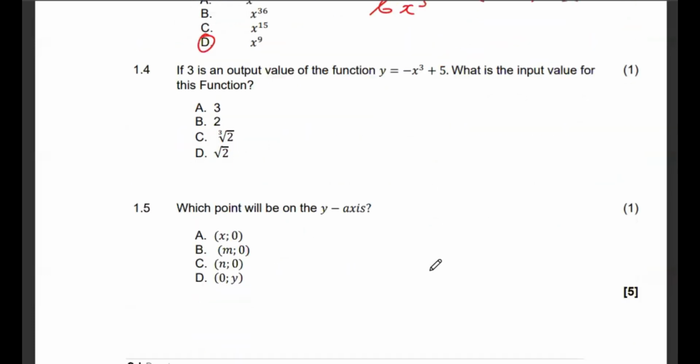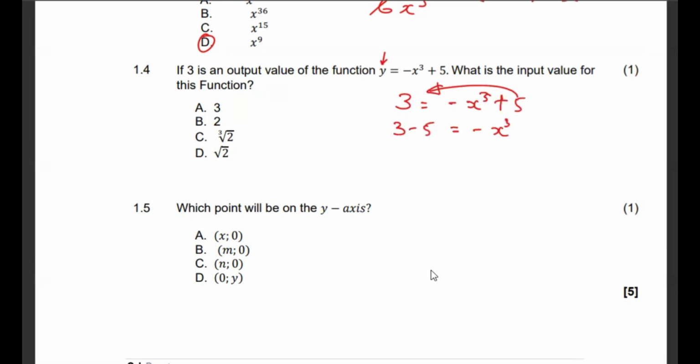And then 1.4, if 3 is an output value of this function, what will be the input? So y is the output. Let's put a 3 there. We have negative x cubed plus 5. Let's move this 5 that side. It's going to be 3 minus 5 is equal to negative x cubed.